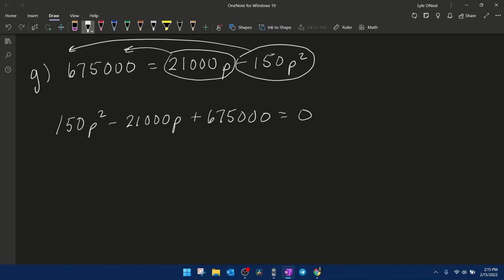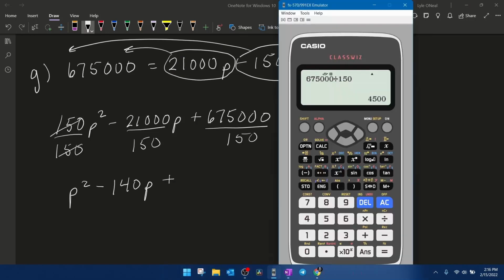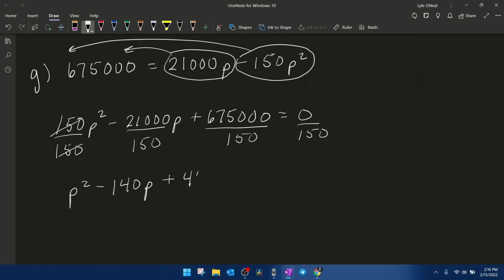And then I think we can reduce the terms to make this easier to solve by dividing both sides by 150. And that's going to give us p squared minus 140p plus 4,500 equals 0.